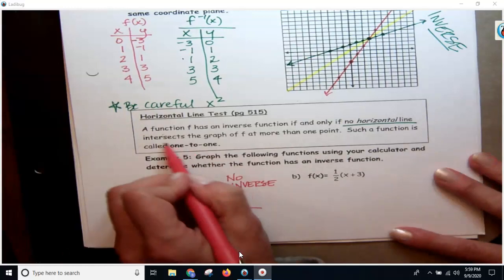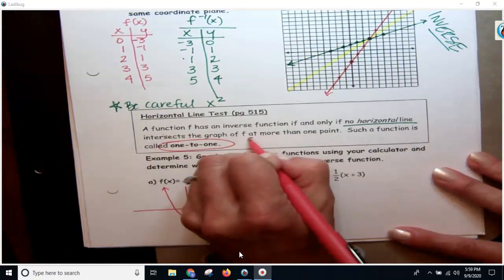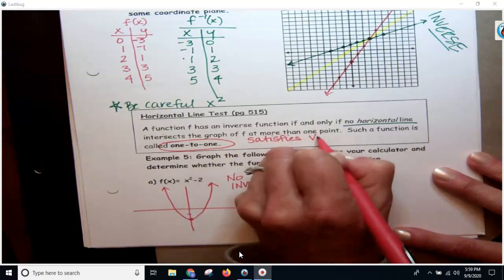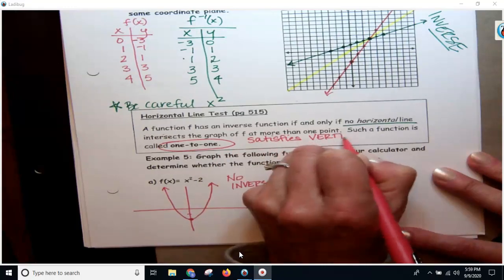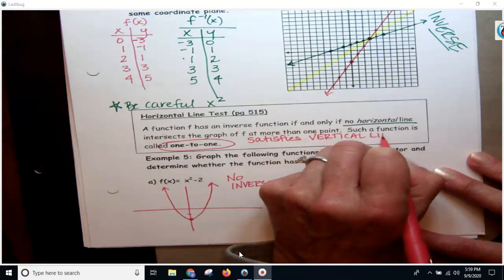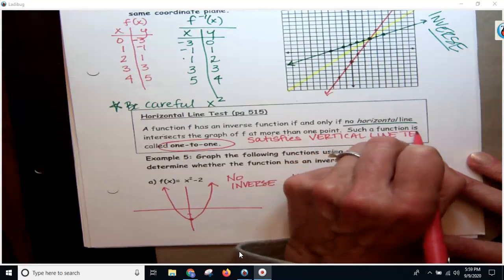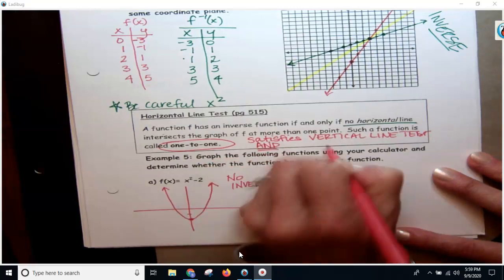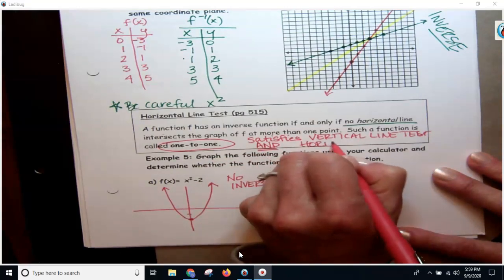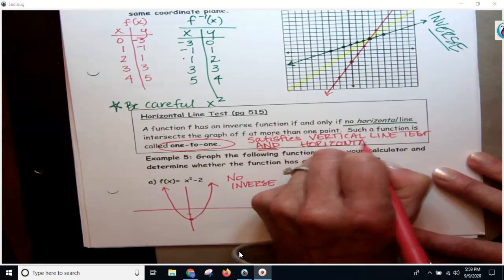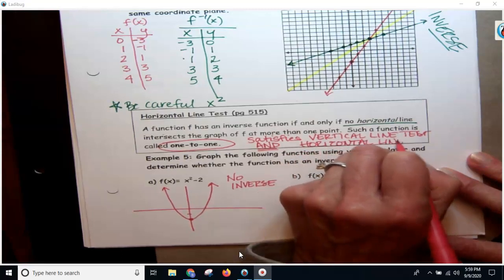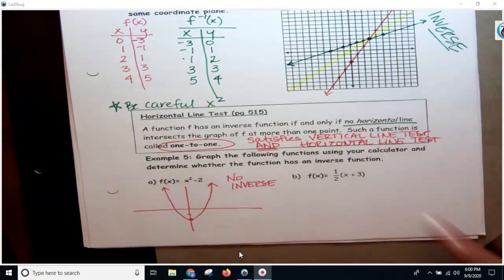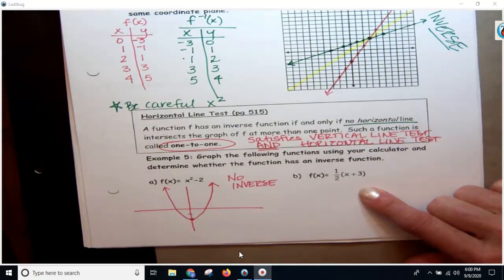It has to be one-to-one, meaning it satisfies the vertical line test and the horizontal line test. Only then will there be an inverse. All right? So then, does this work? I don't know.